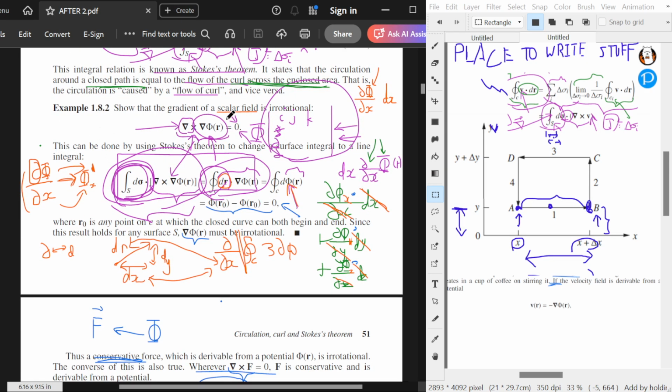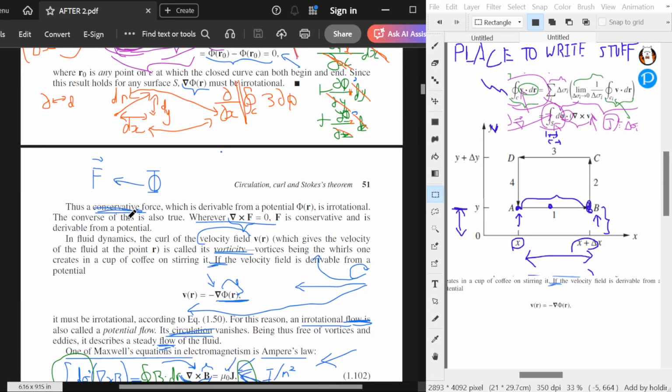Okay, show the gradient. The conservative force, which is derivable from a potential, is irrotational. The converse is also true.